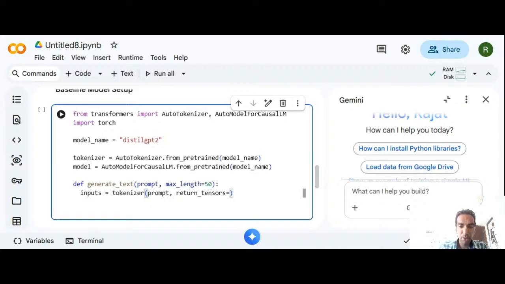And actually, what does a tokenizer do? A tokenizer tokenizes the input and gives tokens. For example, "I am Rajat." It will tokenize it into three tokens: I, am, and Rajat. But each token will be given a number corresponding to the vocabulary.